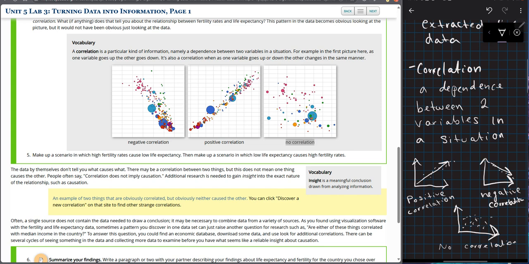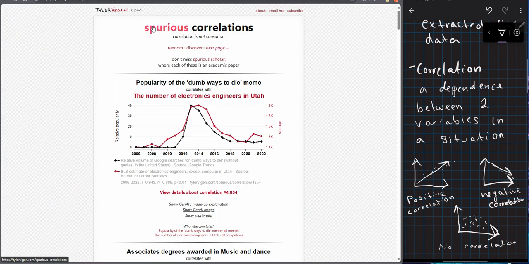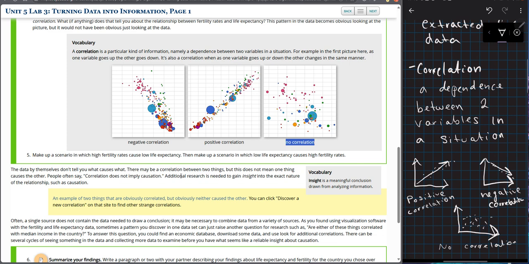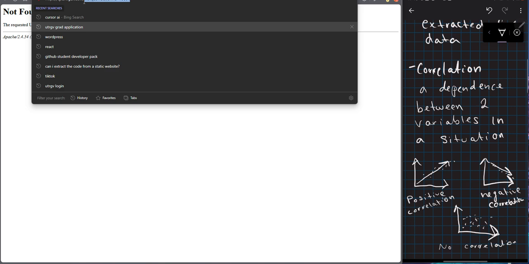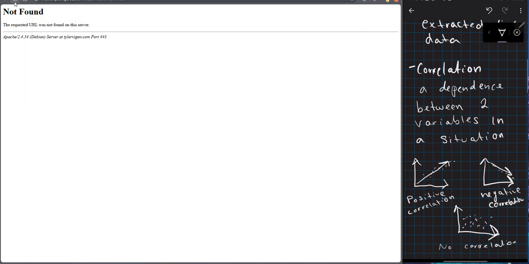An example, and these are funny examples. So this is a website. I think if you click on here, it takes you to this website. Just delete that part of the link.